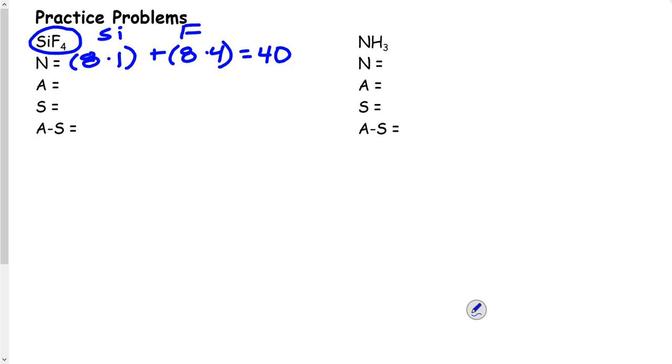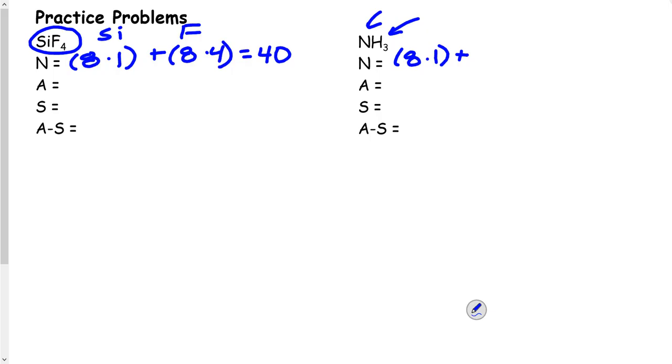I always want an even number. Now, there's other things that we have to calculate, but let's go over to NH3 and do the same thing. Nitrogen is a regular element. So there's my nitrogen, multiplier number of 8. Now to that, I have my next element, which is hydrogen.